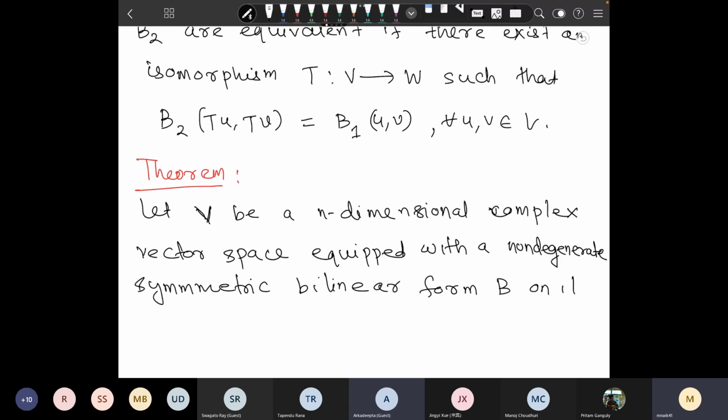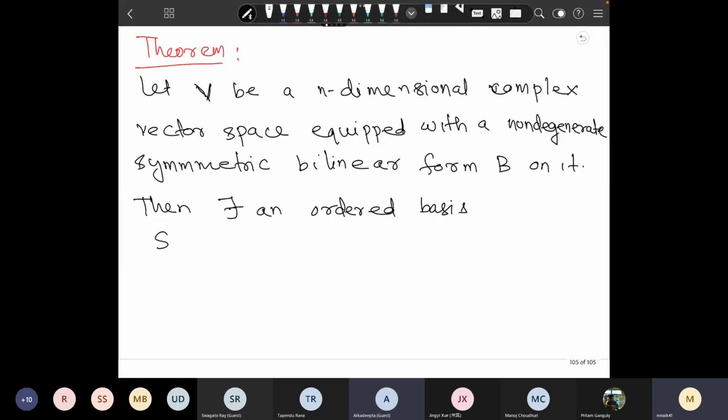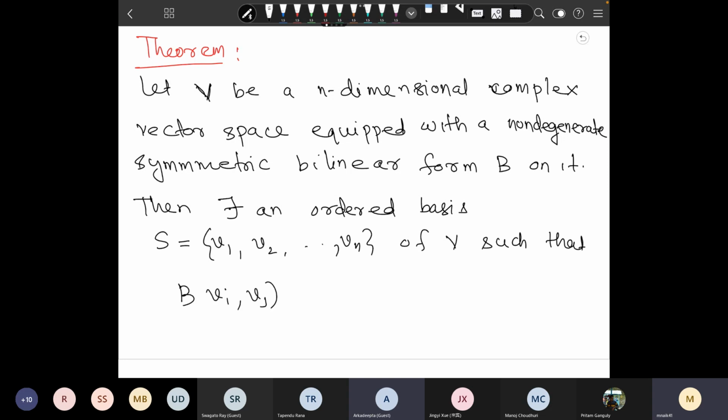Then there exists an ordered basis S = {v1, ..., vn} so that B(vi, vj) is equal to delta ij.